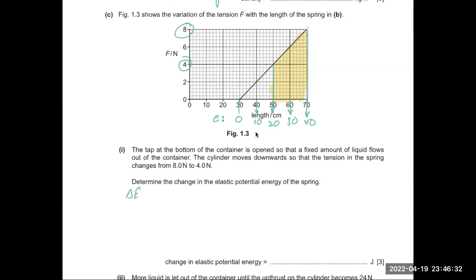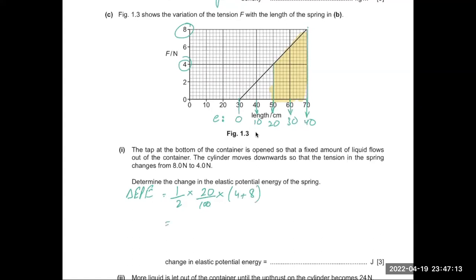That would give you the change in elastic potential energy. Change in elastic potential energy is equals to half into height into sum of parallel sides, because it's a trapezium. This part here is the height from this point up till this point, which is equals to 20 centimeters. So 20 upon 100 times the sum of parallel sides. What are the parallel sides? One of the sides is 4, the other side is 8, sorry, not 6. 4 plus 8.